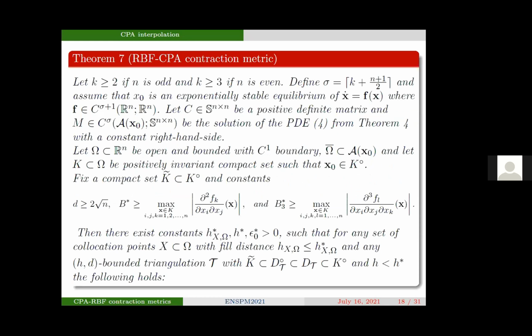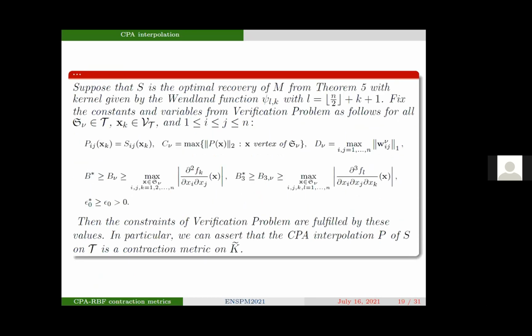Also, if we start from a contraction metric itself, make the optimal recovery, use the values at each vertex, and then make the CPA interpolation, doing all the settings accordingly, we can guarantee that the functions made in that way satisfy the constraints of the verification problem. So in fact, this CPA interpolation itself is a contraction metric.